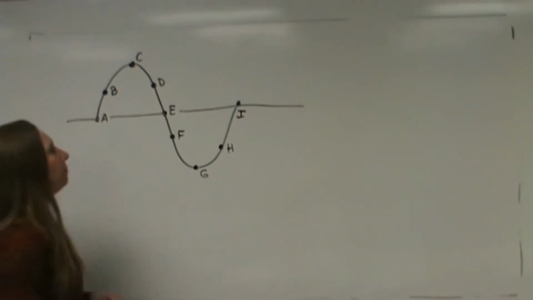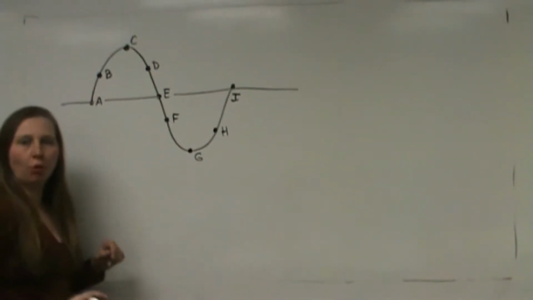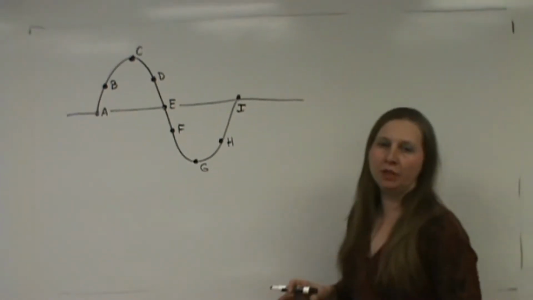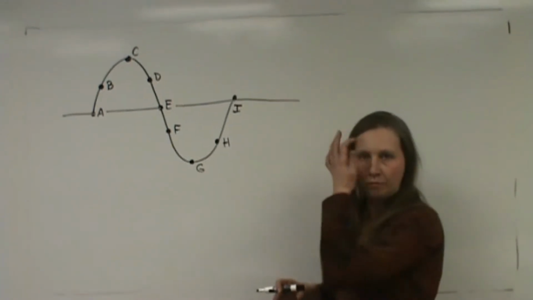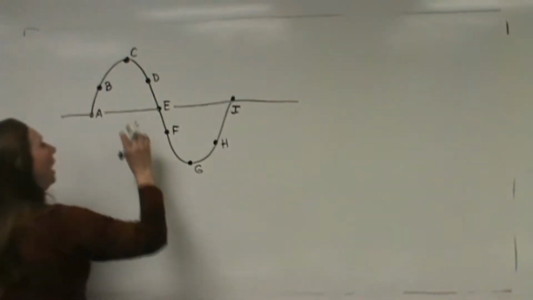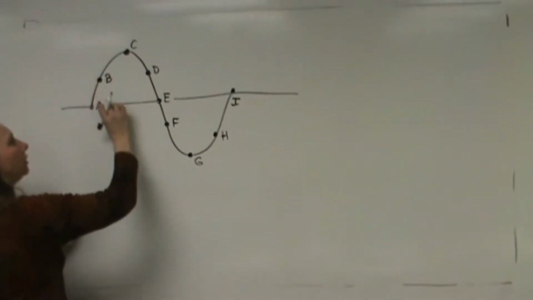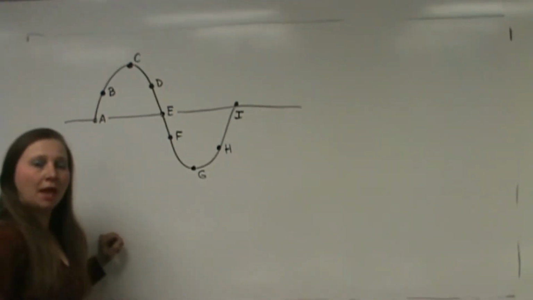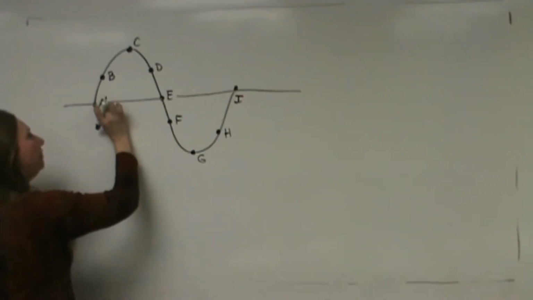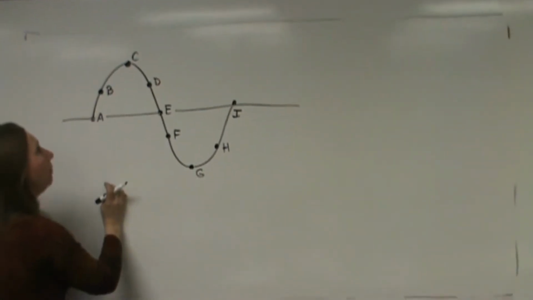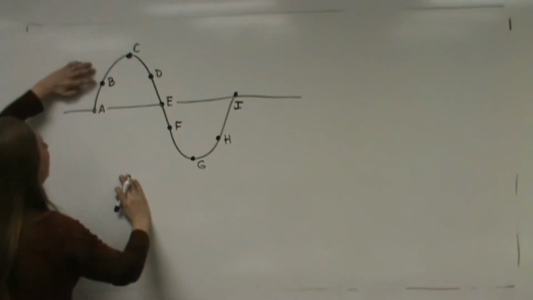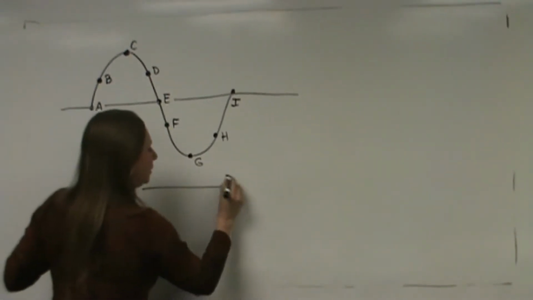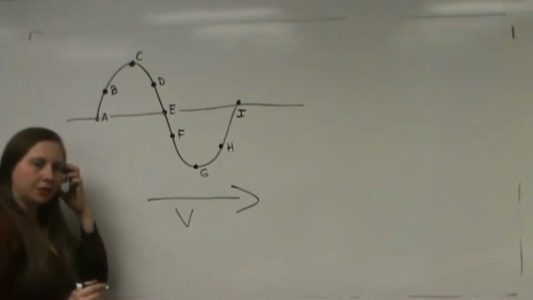All right. Now, none of these points are in phase with each other. Every one of these positions is unique. Now, I understand that, for example, B and D have the same amplitude. They're both the same distance from the equilibrium point. But let's say that the wave is traveling in this direction, there's my velocity.